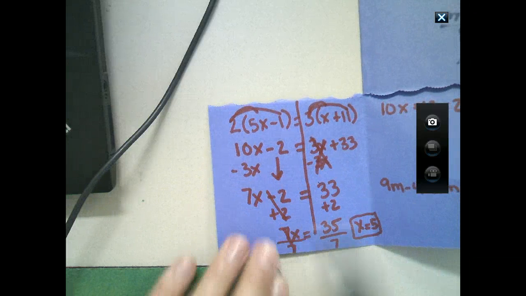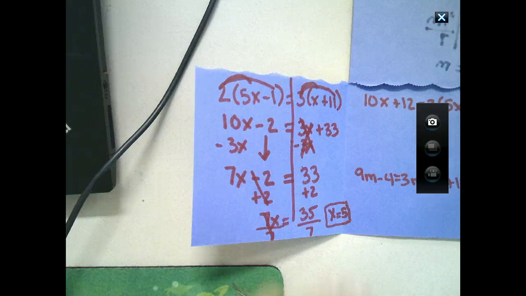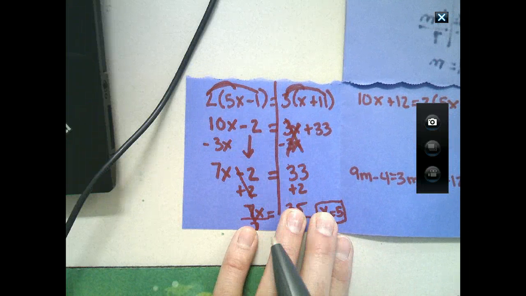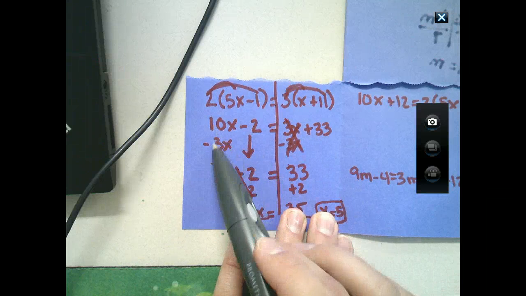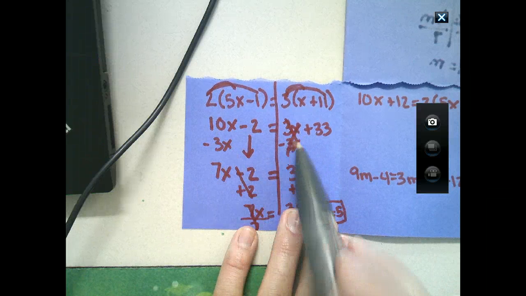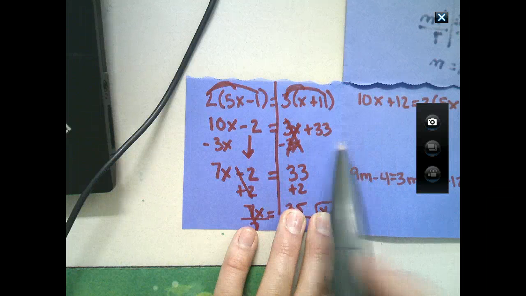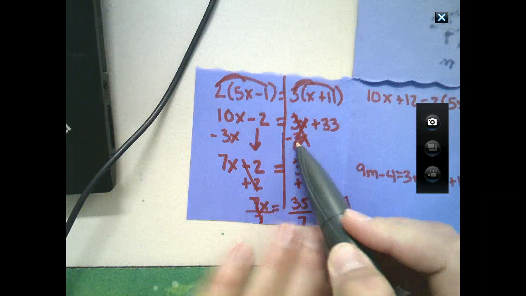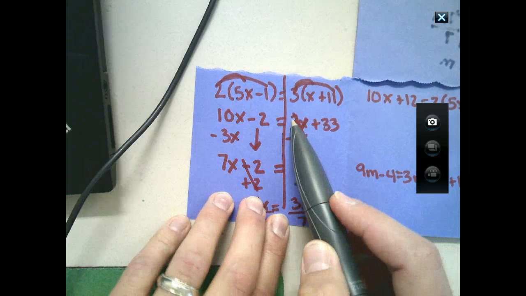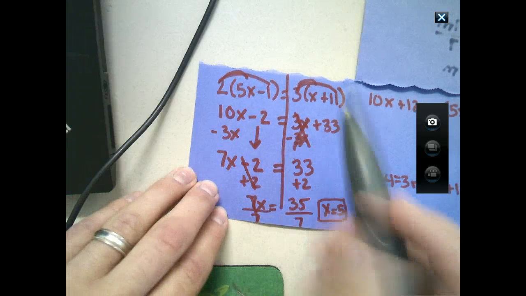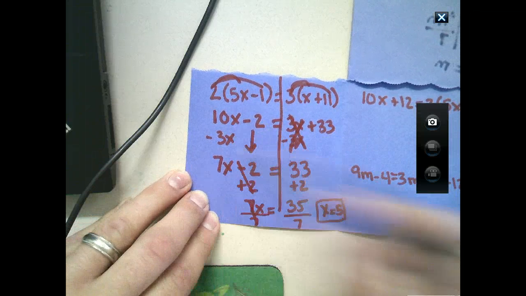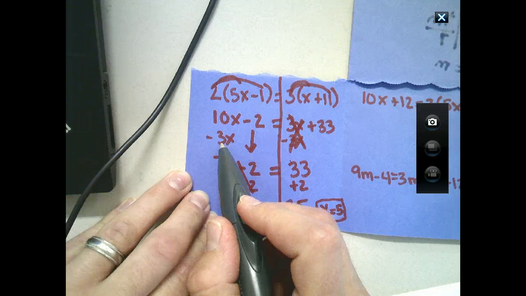From there, I just have my multi-step equation with variables on both sides. So I want to move the one that's going to keep it positive. If I subtract 10x, then I'm going to end up with a negative, and that's no good. So let's try to keep it positive. So I want to say minus 3x, because I do the inverse. That's positive, so I've got to go negative. So I'll say minus 3x, and then I'll go back over here and subtract 3x.